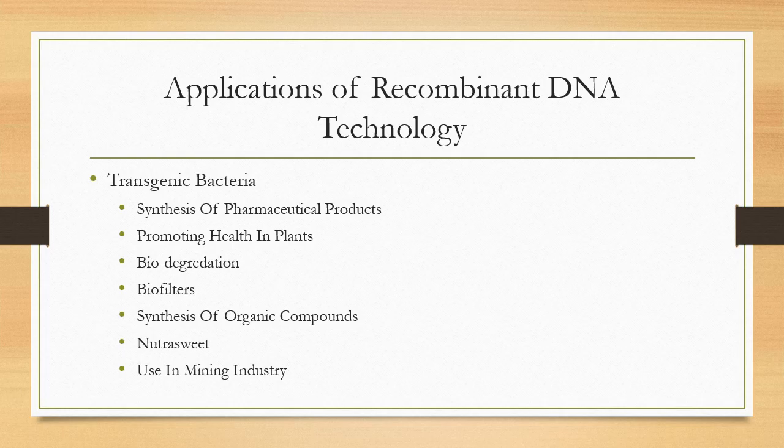These genes code for an insect toxin, and the toxin protects the roots from insects, so there is no use of chemical pesticides to kill the pest. So the plant itself produces toxins, and these toxins can protect the roots of plants from insects.